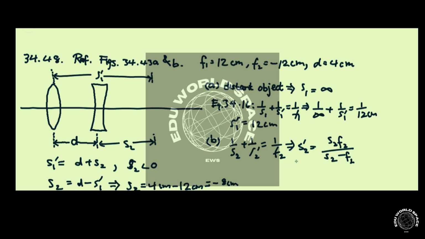And let's just plug in the numbers that we're given. So that's equal to minus 8 centimeters multiplied by minus 12 centimeters divided by minus 8 centimeters minus 12 centimeters.